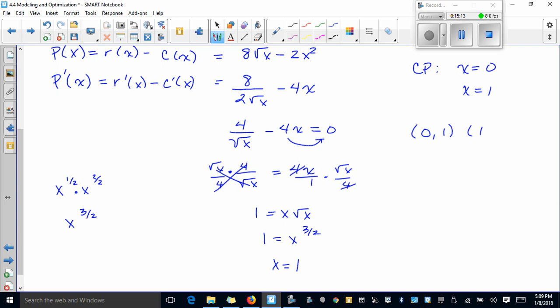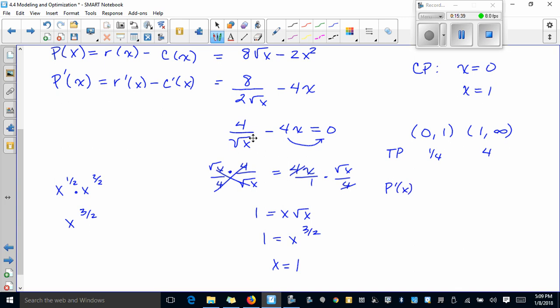So p prime of x, if I put 1/4 into this, square root of 1/4 would be 1/2. 4 over 1/2 is 8. Keep that in mind. So I'll do the math over here. That's 8 minus, and this one here is going to be 1/4. 4 times 1/4 is going to be 1. So I'm going to get a positive number there.